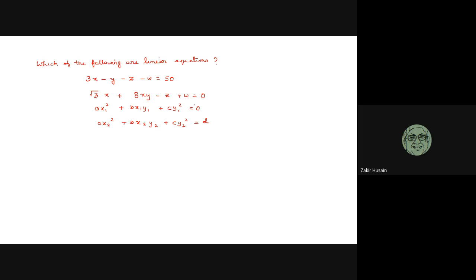Which of them is the first one linear? Yes, sir. The first one is linear. The second one? No, sir. It has an XY term. So that's the first one.